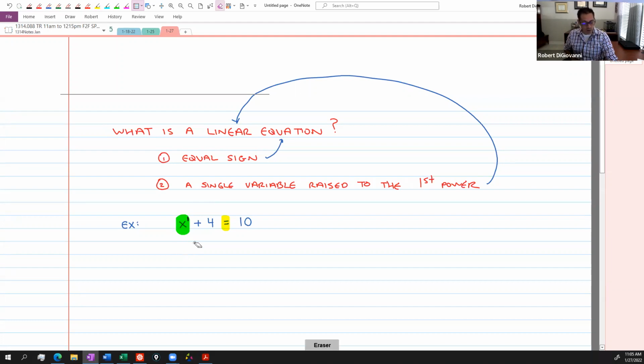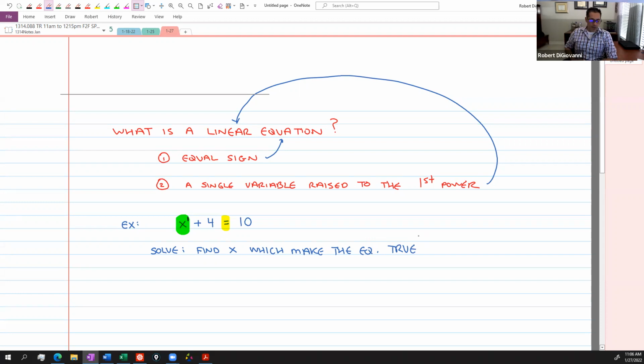So that's what makes it linear. And our goal, the goal of solving, is that when you solve this, you're trying to find the x which makes the equation true.